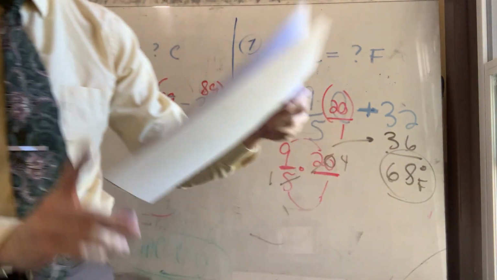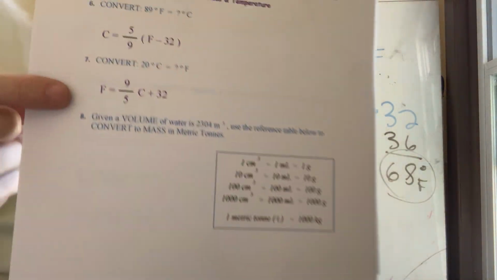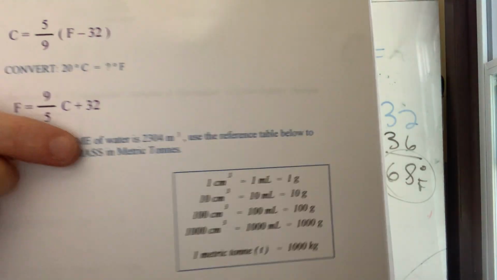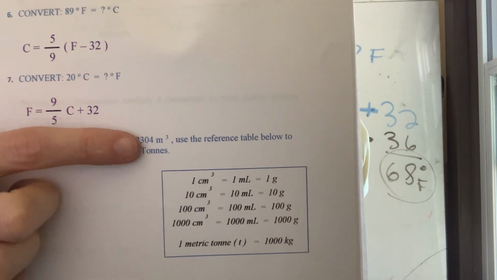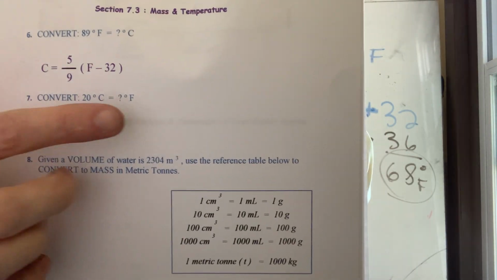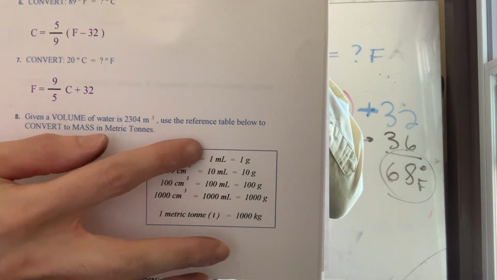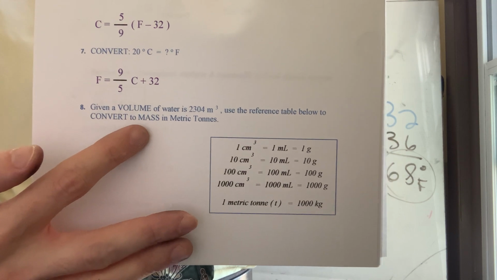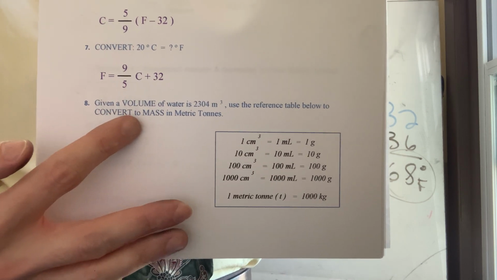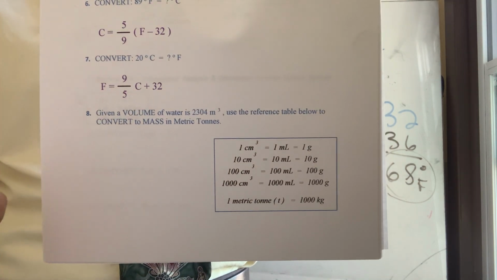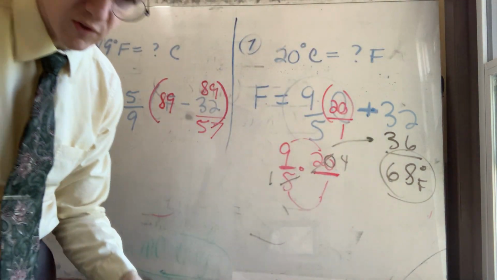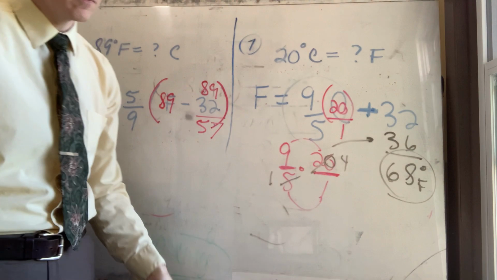Alright, for the next one, given a volume of water is 2,304 meters cubed, like a pool, I suppose. Use the reference table below to convert this volume into a mass, which sounds weird, right? Because physically they're different measurements.